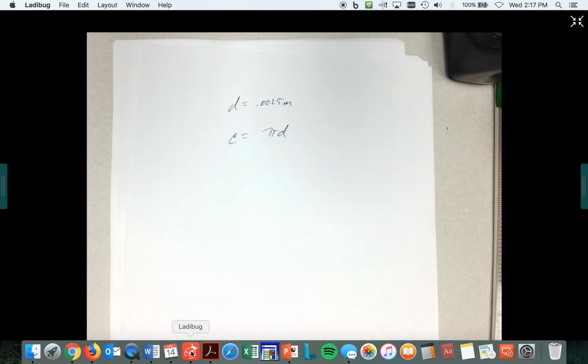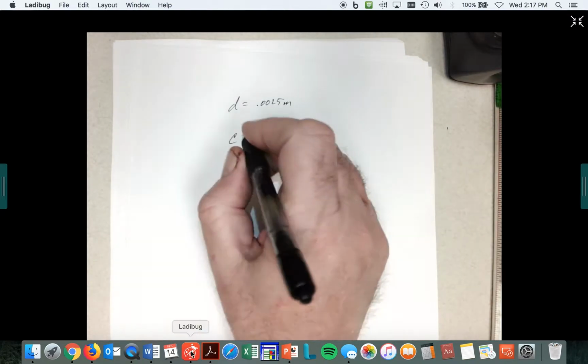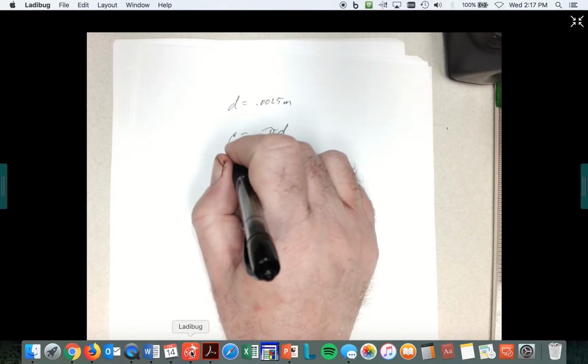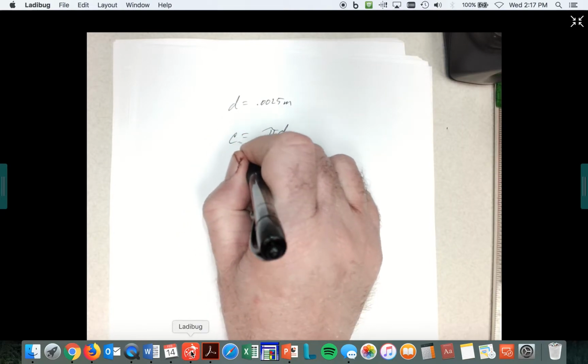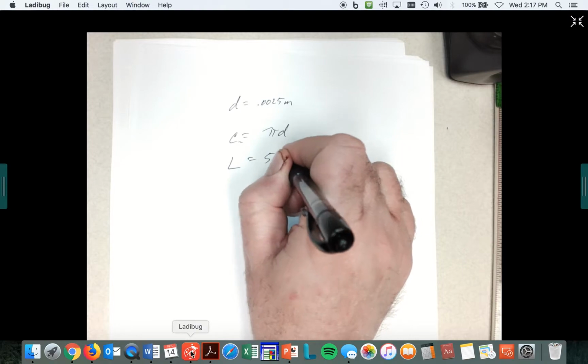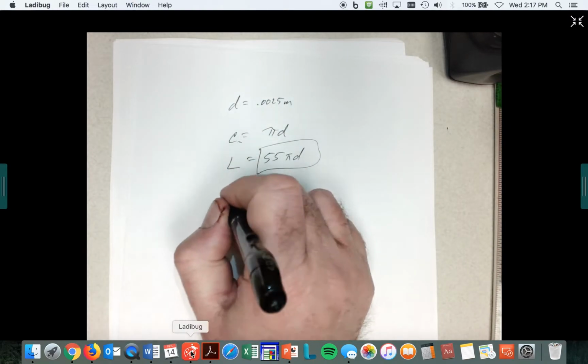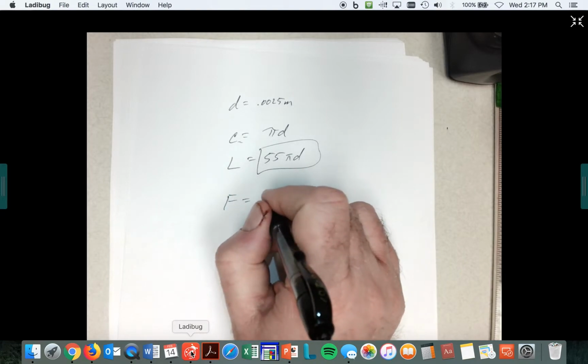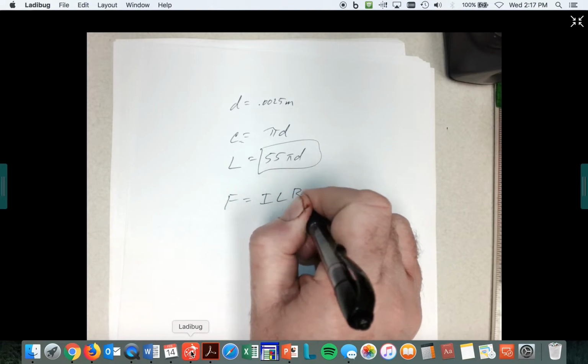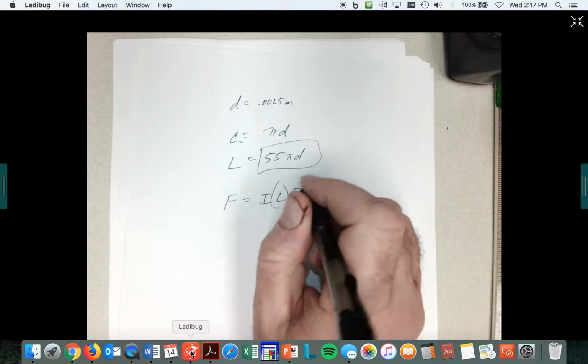All right, well, so how much wire is needed? Well, they've got that times 50. So the length of my wire is 50 times pi d. That's all they're saying. And then the force becomes ILB. That's it.